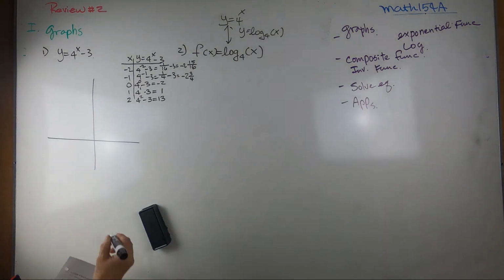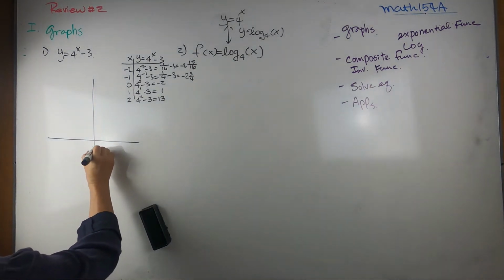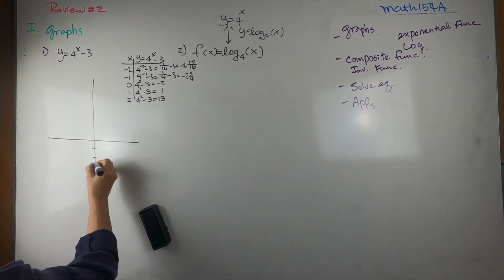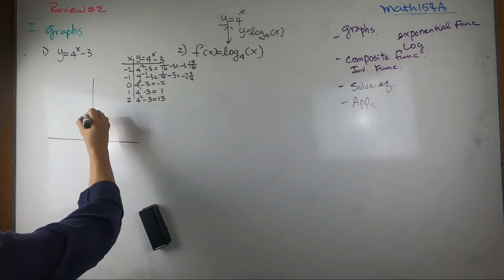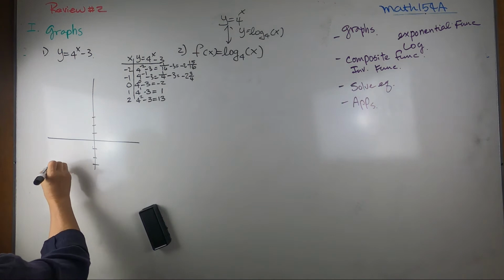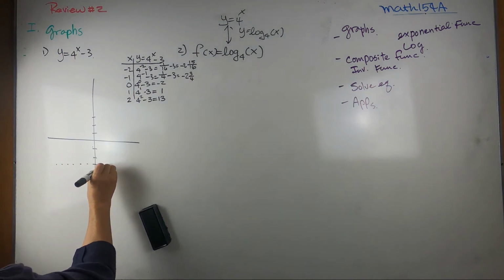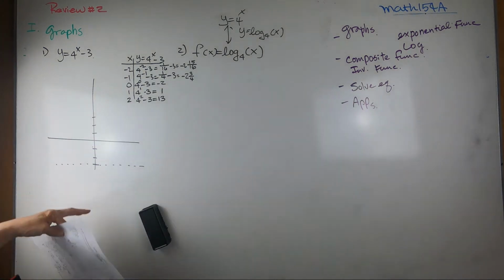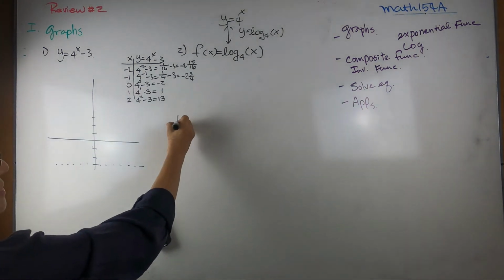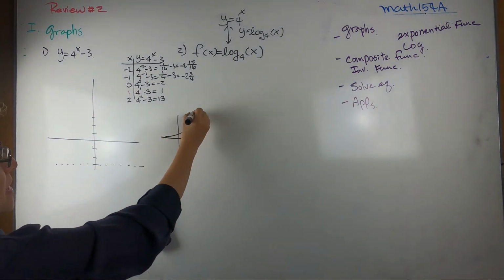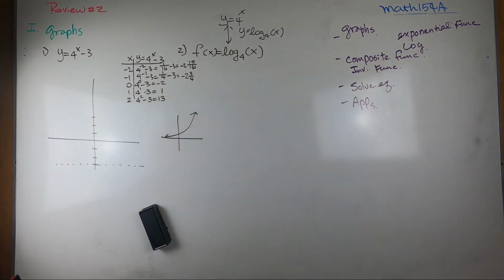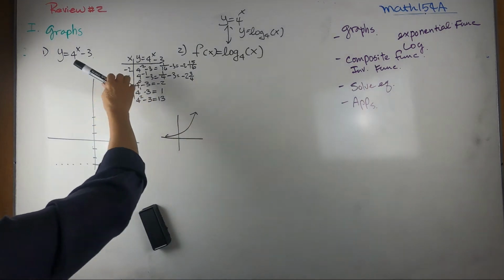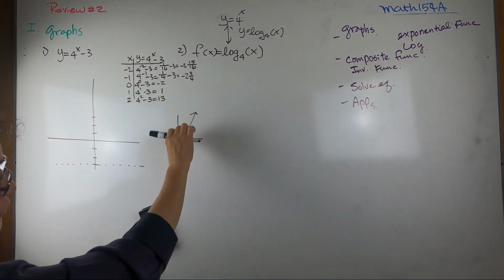So what should we have? We have 1, 2, 3. Okay, so it should be limited by this line, because you know, for regular 2 to the x power, 3 to the x power, right? It's like this. Then minus 3, everything shifts down 3.